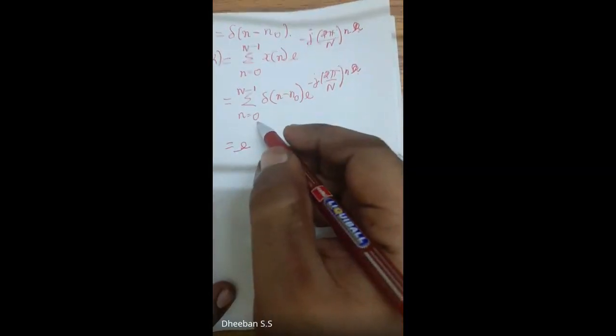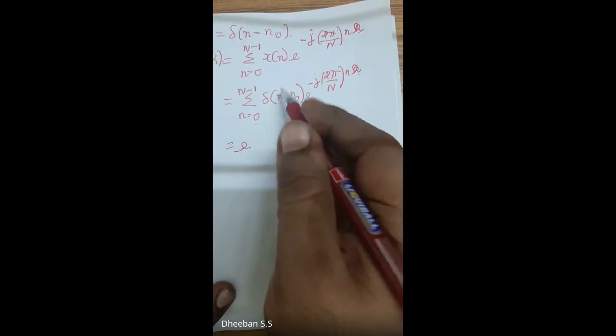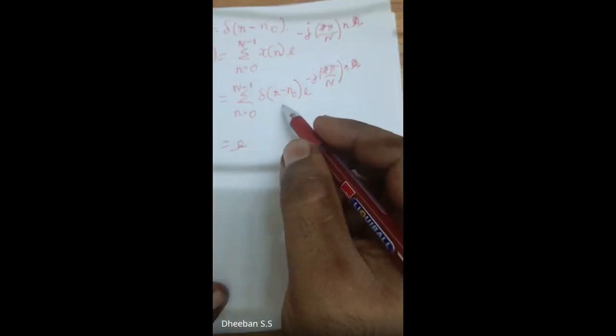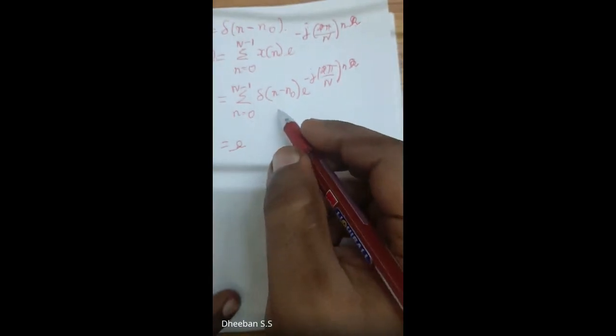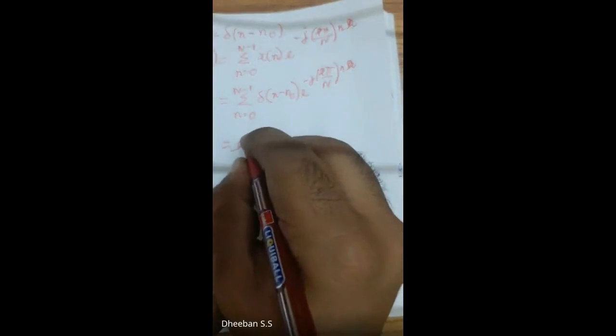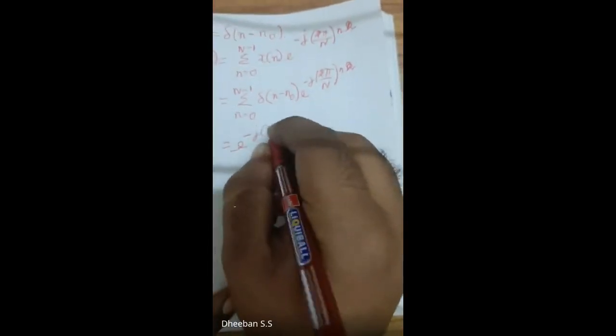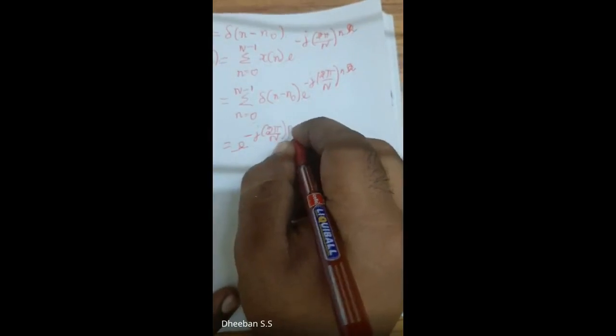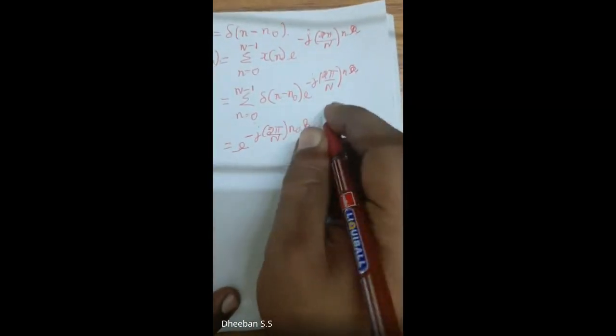So delta of 0 will be 1, but your n naught will be there. So we get e power minus j 2 pi by N into n naught into k.